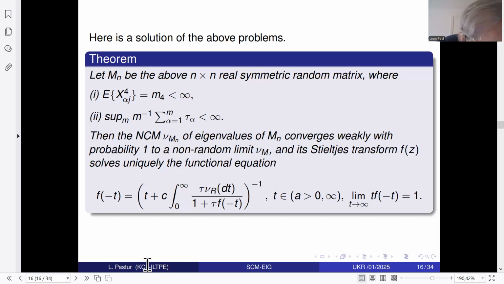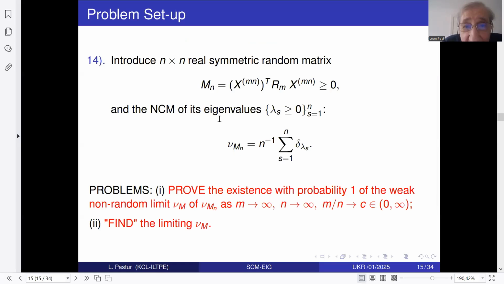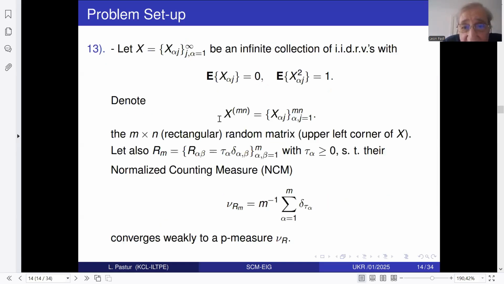What are the conditions we impose on tau alpha? I thought the one condition is a condition of the theorem, but it is not all. A much stronger condition is here. You see, the normalized counting measure of tau alpha has to converge to a certain limit.